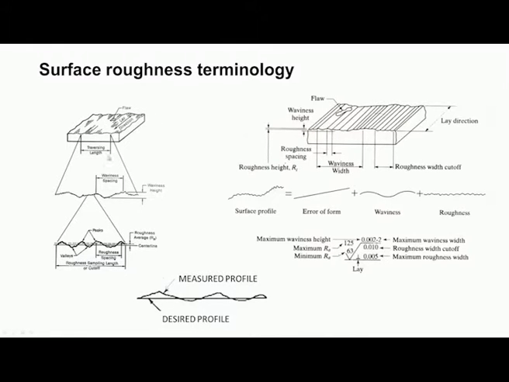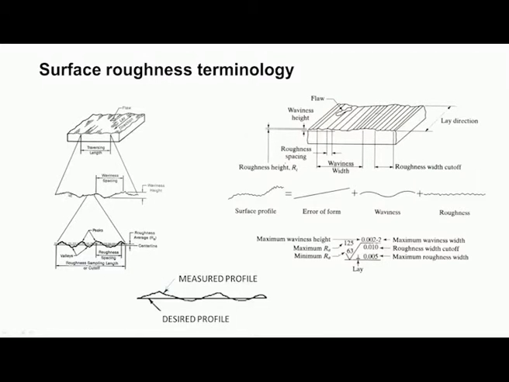When we measure the surface finish, we move the instrument. For example, with a stylus type instrument, we move the stylus or probe on the surface for a particular length, which is termed as traversing length. And for this traversing length, the profile is enlarged here.